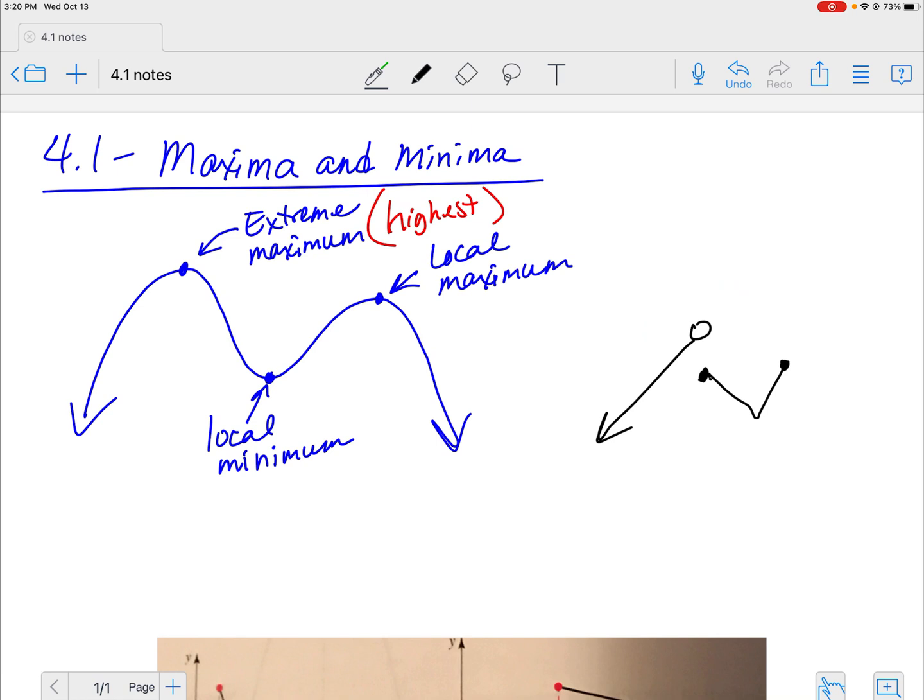Ooh, right? Because a max and a min is a specific value. It's a specific value that I'm looking at. So in this instance, there is no extreme max that I have. There's no extreme max.